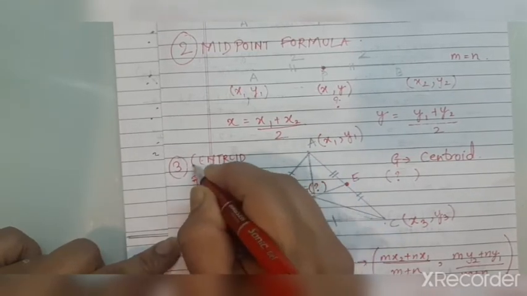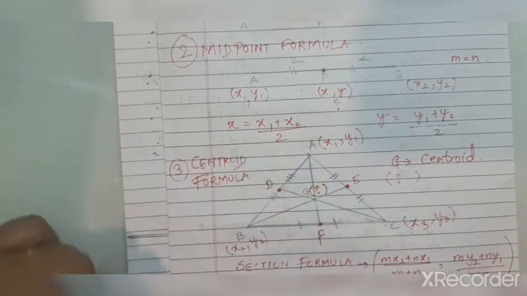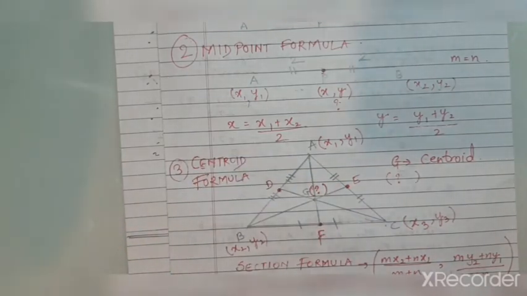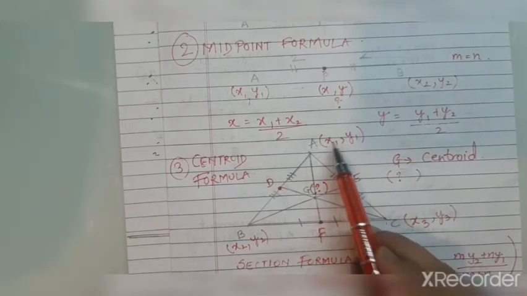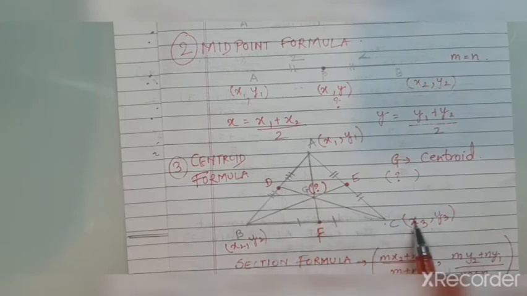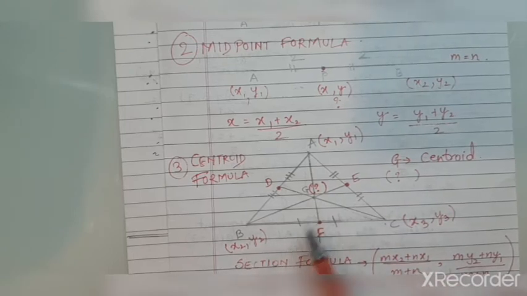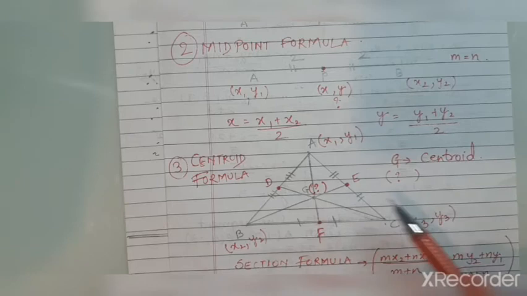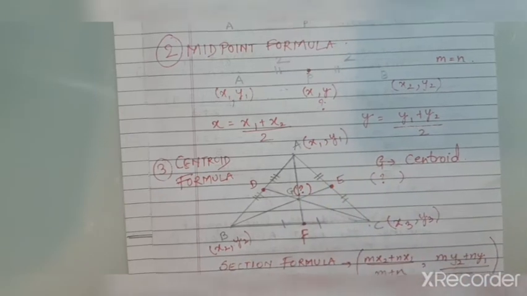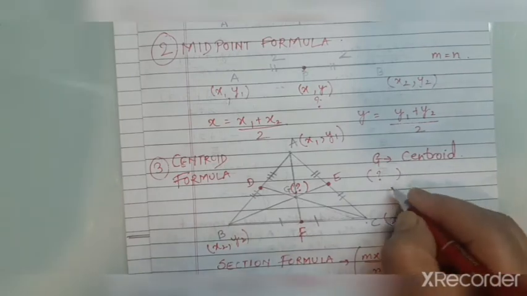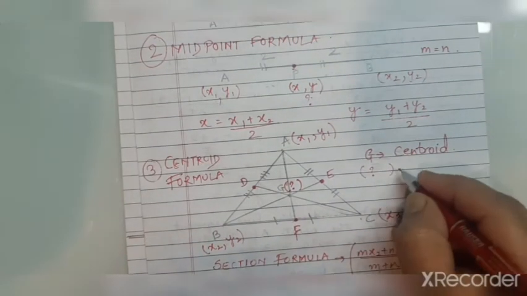And what is the centroid formula? In centroid formula, in order to find the x coordinate of the point G, we will write x1 plus x2 plus x3 upon 3, and in order to find the y coordinate, we will write y1 plus y2 plus y3 upon 3.